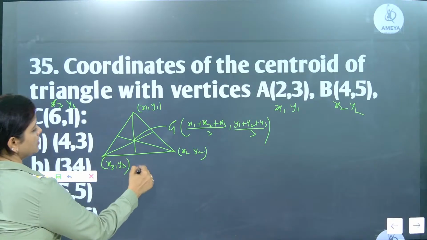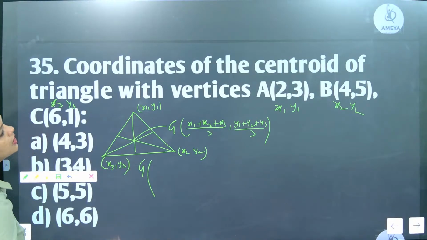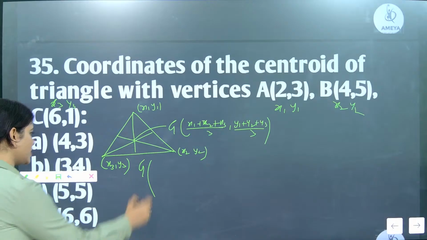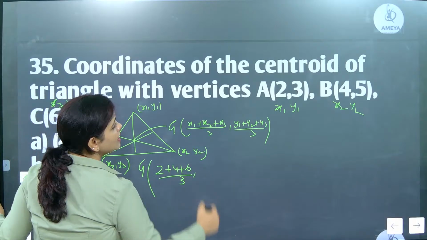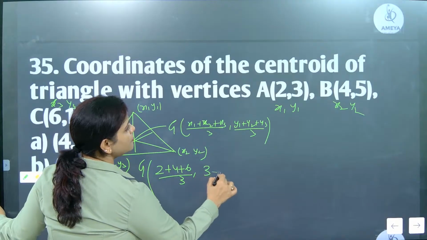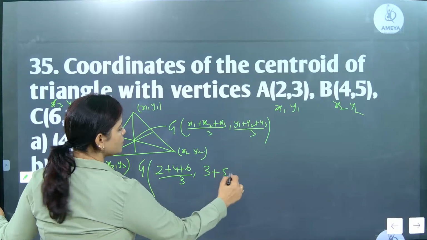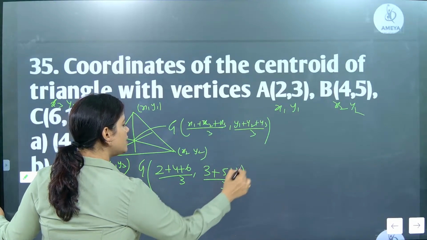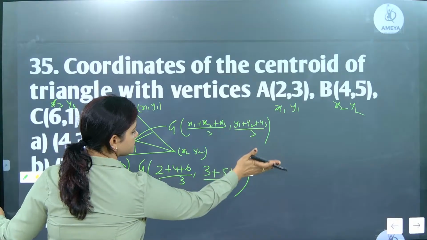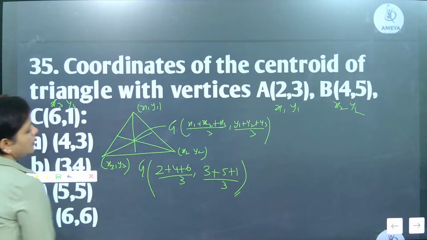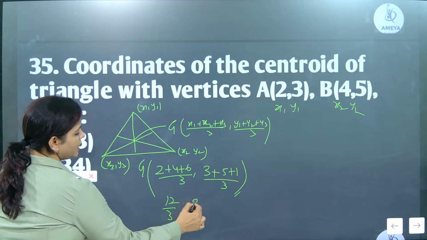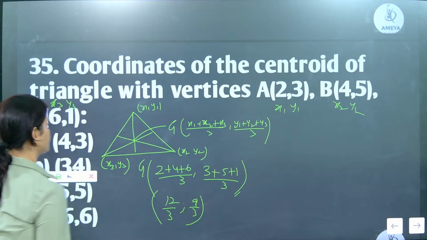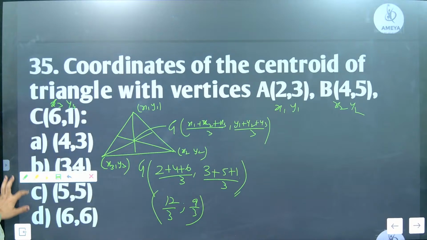So here G will again be the same formula application. 2 plus 4 plus 6 divided by 3, and the next one is 3 plus 5 plus 1. Come on, can you tell me the answer, please? 12 by 3 and 9 by 3. Which one is the correct option, beta?